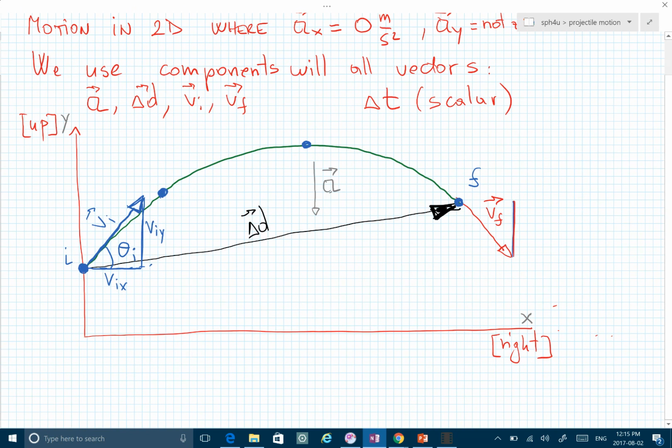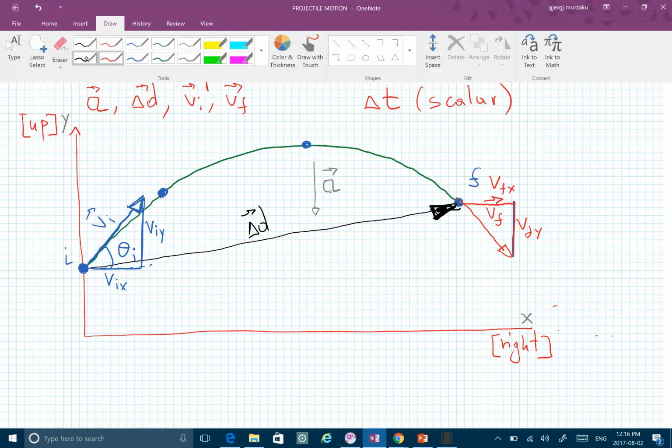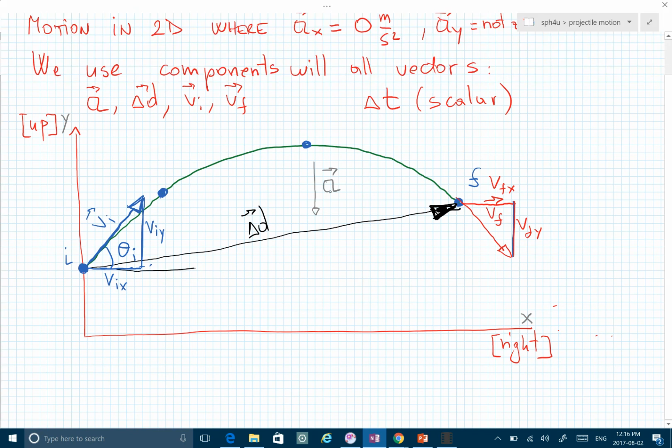That's why we did all the review of components of vector math, vfx and vfy, right? And the same with displacement. Displacement has delta dx, which we call range, the horizontal displacement, and delta dy.